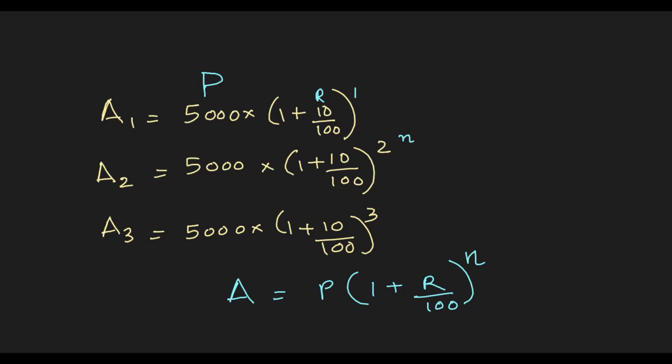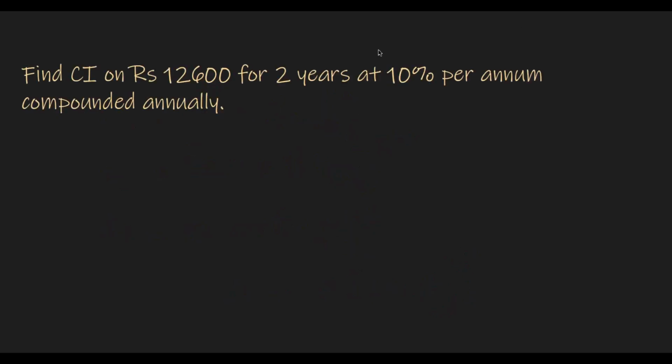Let us take a question. Find compound interest on rupees 12,600 for 2 years at 10% per annum compounded annually. We can write here P is equal to rupees 12,600, and 2 years, that is n is equal to 2, and the rate, that is r, is equal to 10%.